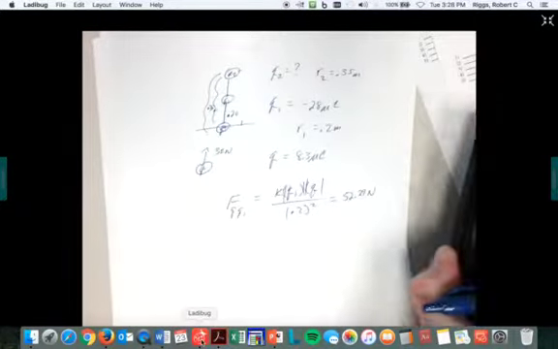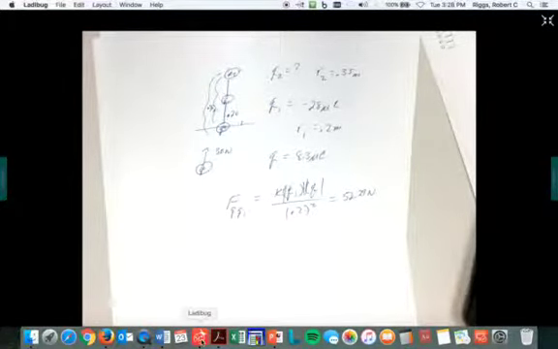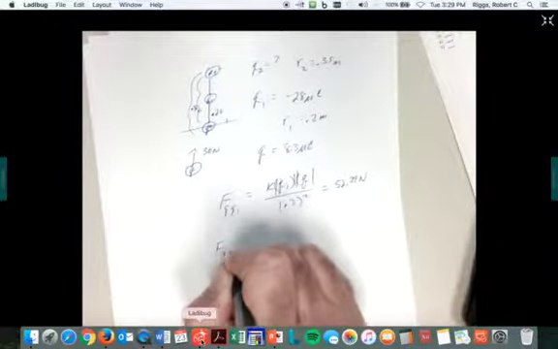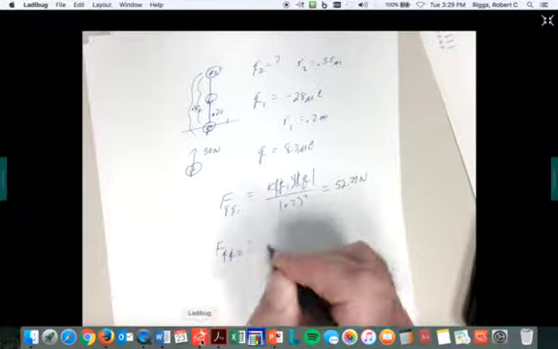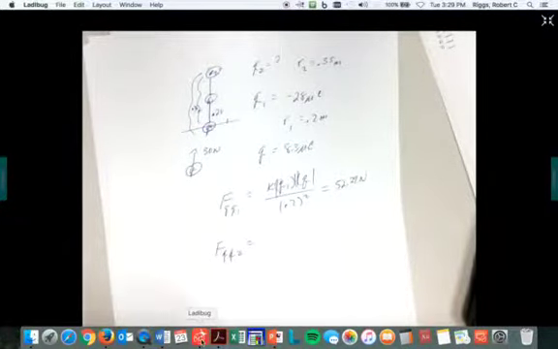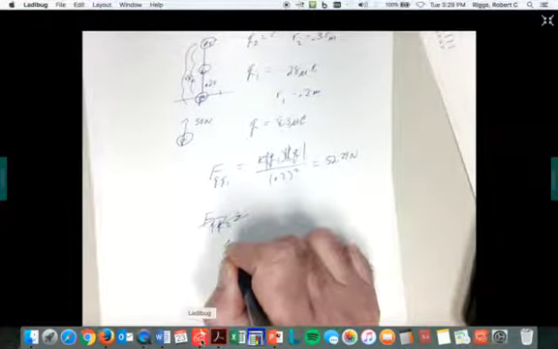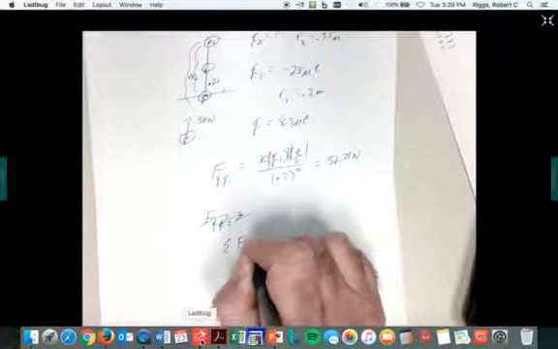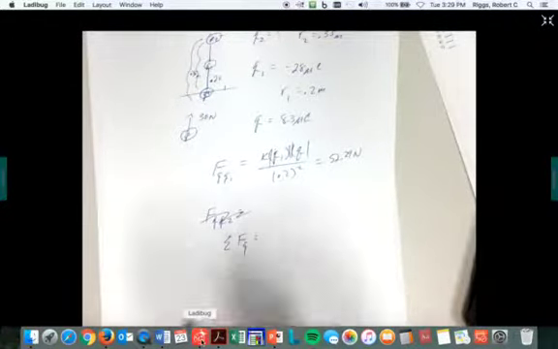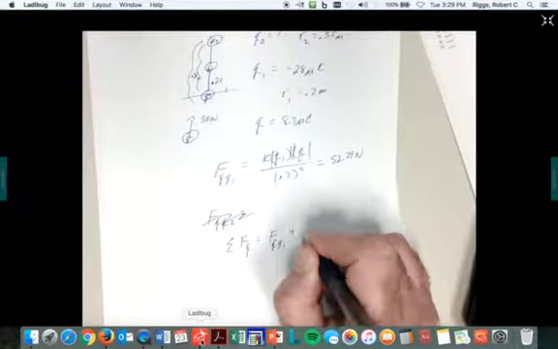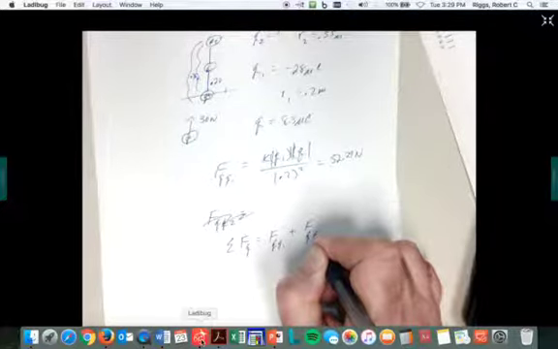Okay, so if the net force is 30 newtons, then what do I know here? I know that the force on Q caused by Q2 is equal to, because here's the deal, the sum of the forces acting on Q are equal to the force acting on Q by Q1 plus the force acting on Q by Q2.